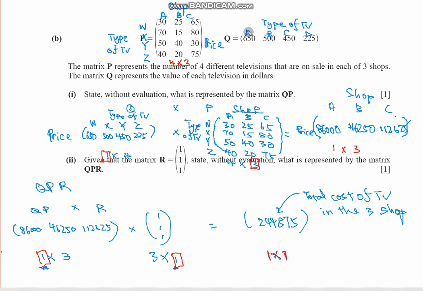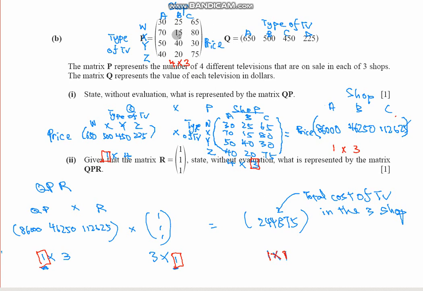This is the price of TV W. This is the price of TV type X. 450 is the price of TV type Y. If I want to put a heading for this, the column will be the type of TV, and the row will be the price of each TV.